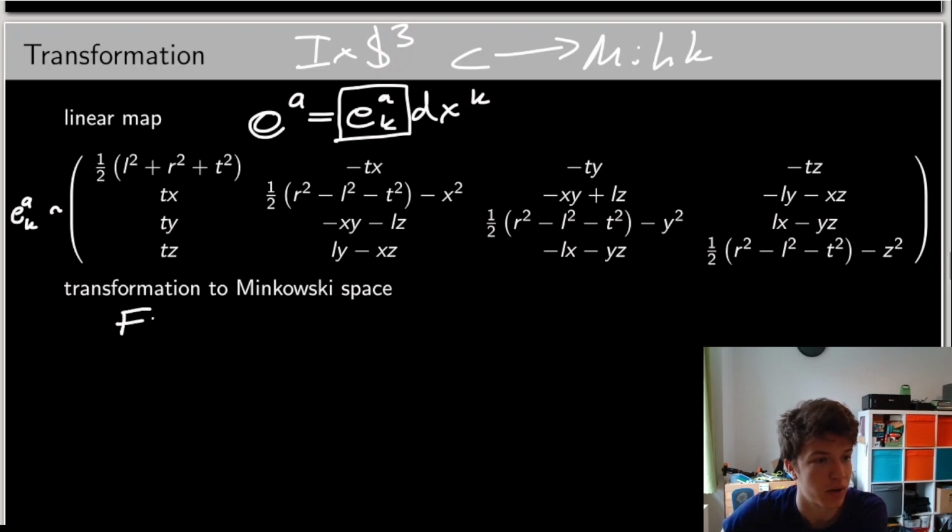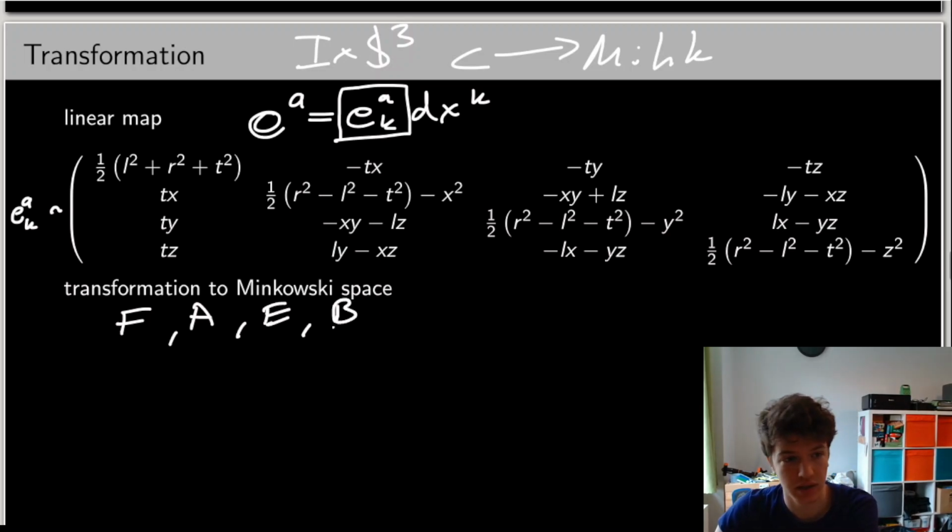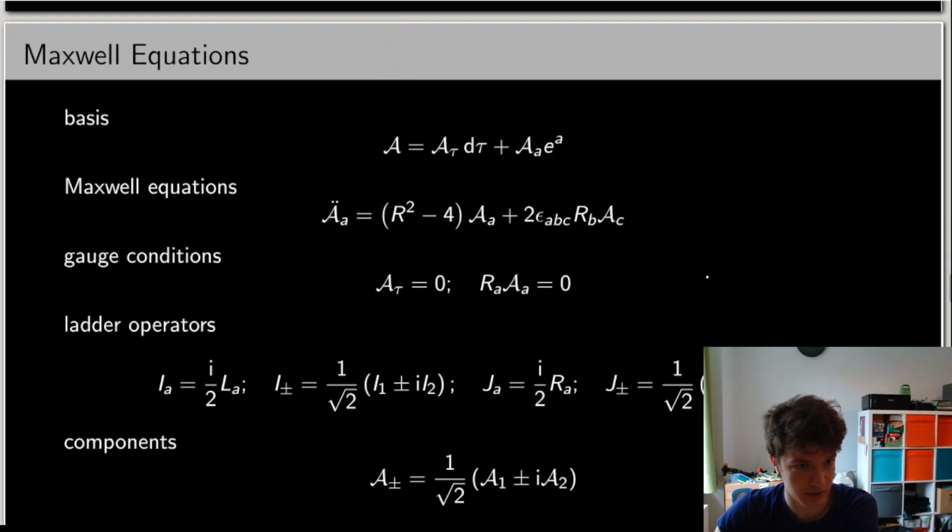So we know the field strength F, or the potential A, so also the electric and magnetic field, and then we transform it over to Minkowski space.